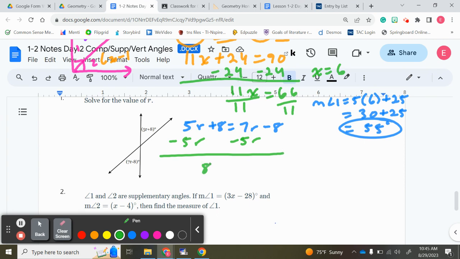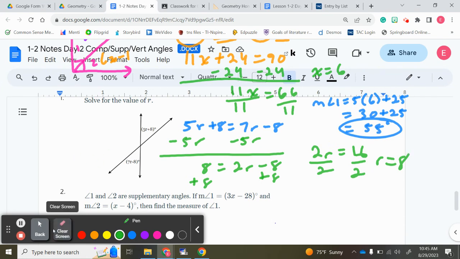That leaves you with 8 equals 2R minus 8, and then add the 8, which leaves you with 2R equals 16, and then you divide by 2, so you get R is equal to 8. Any questions on that? And all they requested was R, so you did not need to find the individual angles.